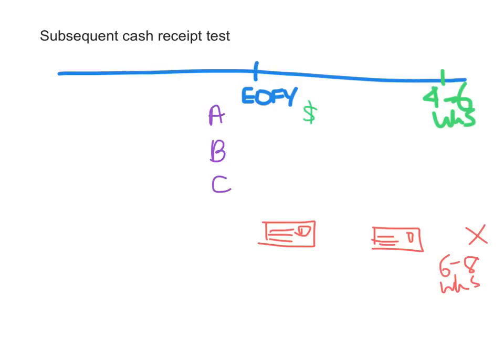I might find $15,000 here, and I find $20,000 here, and I find $25,000 deposit here. Okay? So what I do is I look and I see if I can match these back to a customer for their accounts receivable. All right, so I find this one belongs to customer A. So I can confirm that customer A is real and owed $15,000 at the end of the financial year.